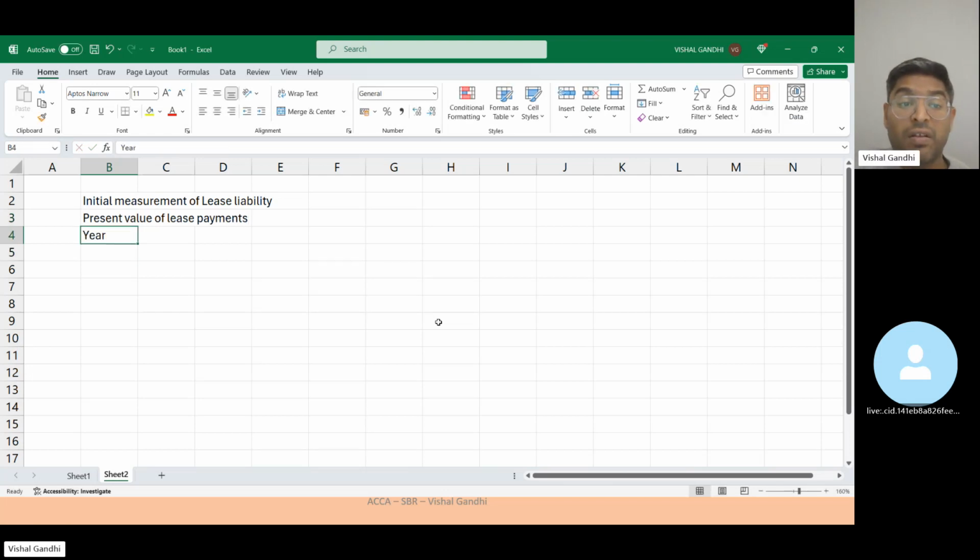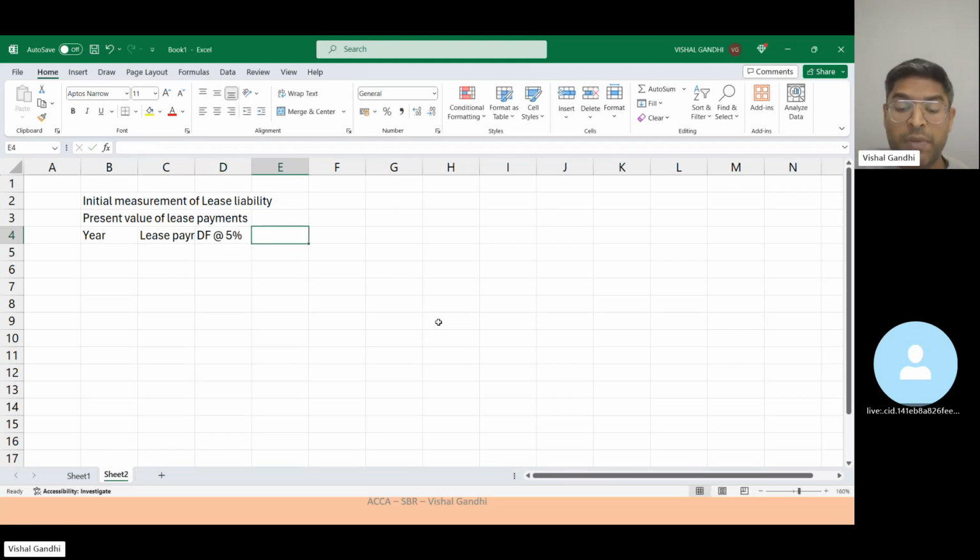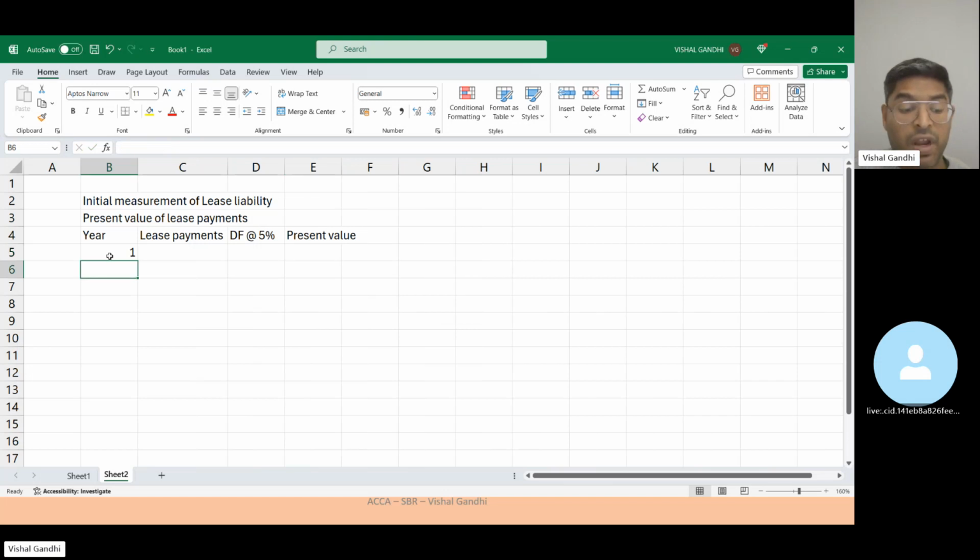So year, lease payments, discounting factor at the rate of 5%, because 5% is the incremental borrowing rate, and the present value. Now years 1, 2, 3. These payments for the first 2 years are 10,000, 10,000, and for the last year it is 15,000.